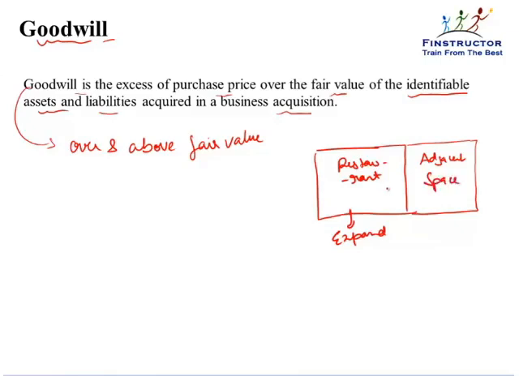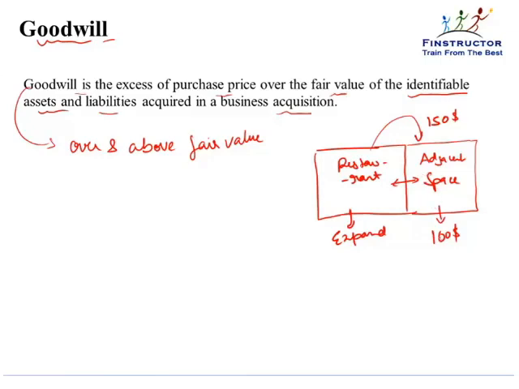Buying a space somewhere else or in a different place would not really serve the purpose because the demand is very high in this locality and you want to expand the size of this restaurant. Now the fair value of this adjacent space is actually just $100, but you are willing to pay $150 to buy this space because you know that you can extract a lot more value out of this space because of your restaurant, and you definitely need this space and only this space to be able to expand.